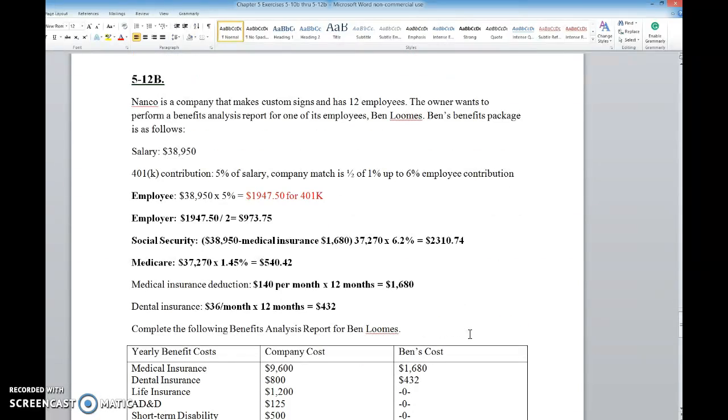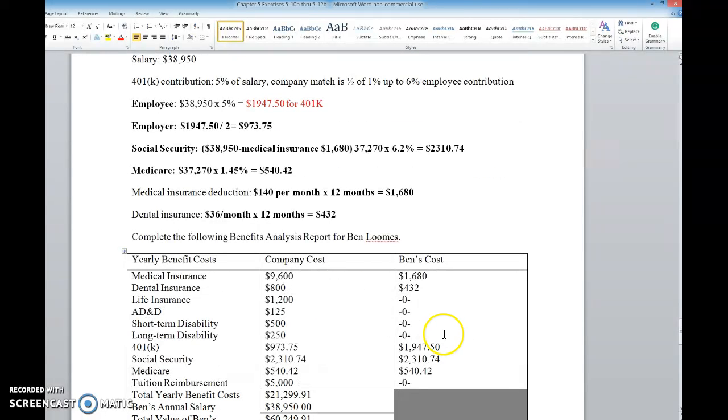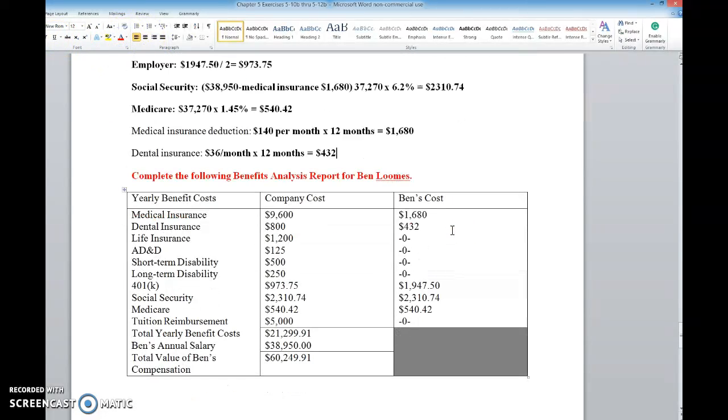On the last exercise, 5-12B, we have to complete a benefit analysis report for an employee, Ben, to show the benefits that Ben obtains through the company. Some of the information is given to us. So the company's cost information is given to us. The medical insurance, so we have the company cost of $9,600.